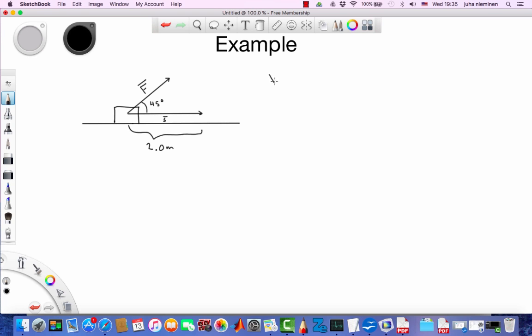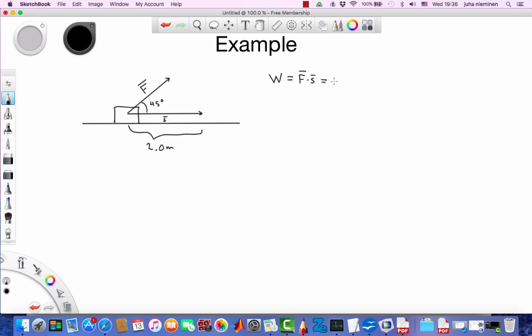The definition of mechanical work, or one of them, is in fact Fs, as you might have seen, but this is a simplification. The actual form of the mechanical work is F dot S, so the dot product of the force that is acting on the box with the displacement vector.